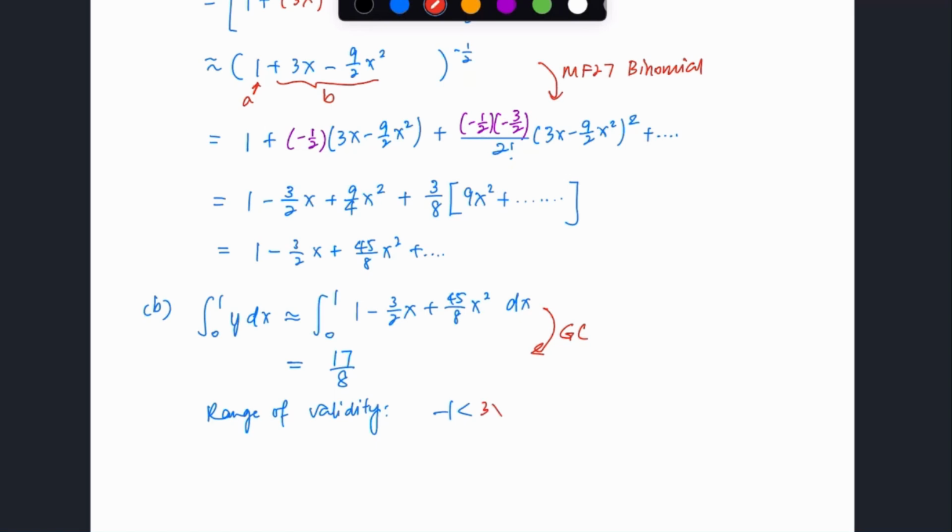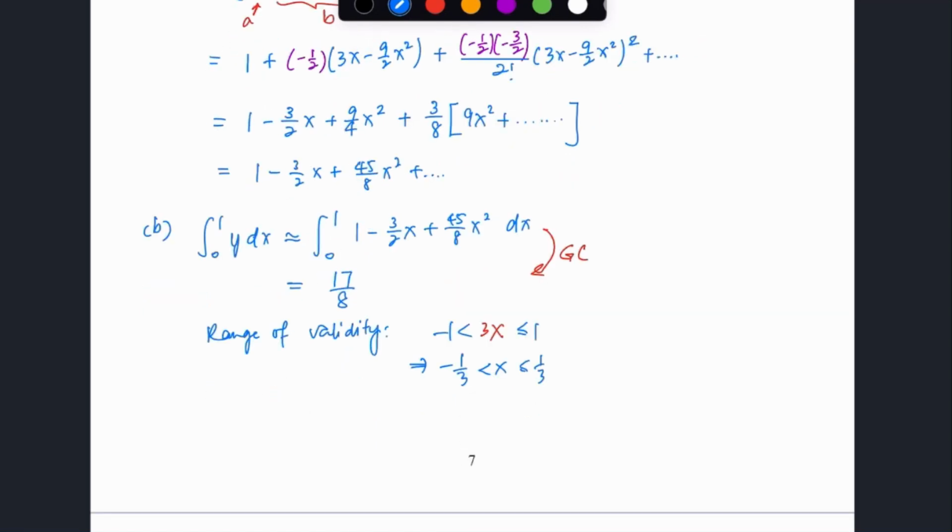Okay, from the function above, we expanded with 3x. So this means that we have between negative 1/3 and 1/3.